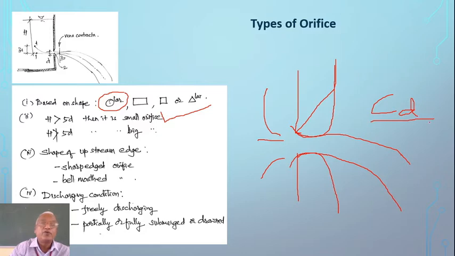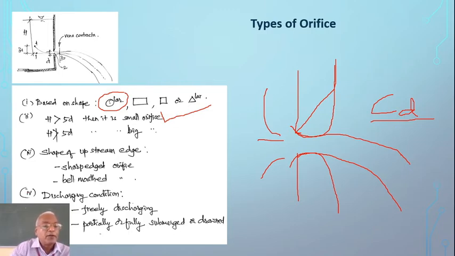CD is nothing but the coefficient of discharge. This will be quite large in the case of a sharp-edged orifice, and in a bell-mouthed orifice this CD will be less because the energy lost will be more.